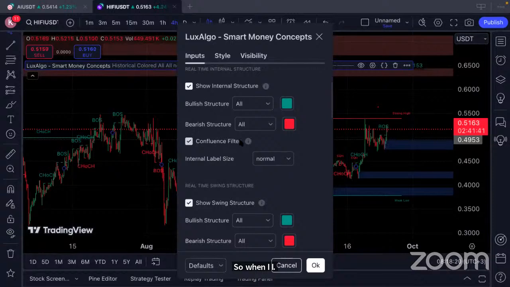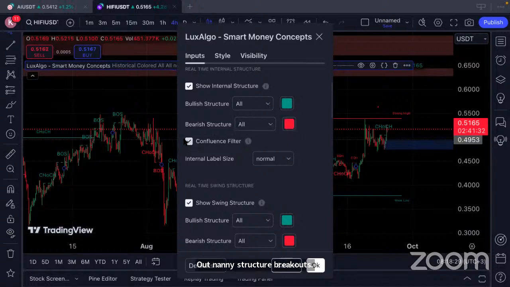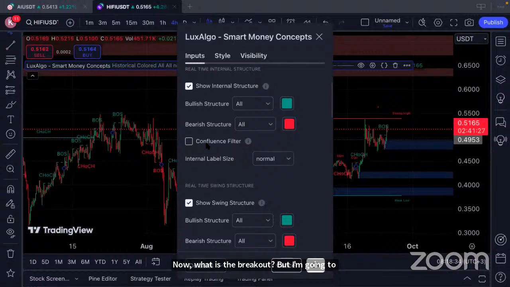Because this is a confluence filter, it filters out non-significant internal structure breakouts. Now, what is a breakout? I'm going to explain. But I would recommend personally that you don't tick this confluence filter.